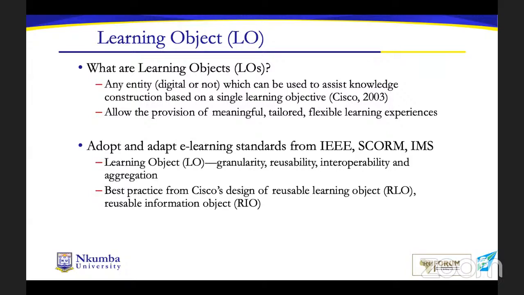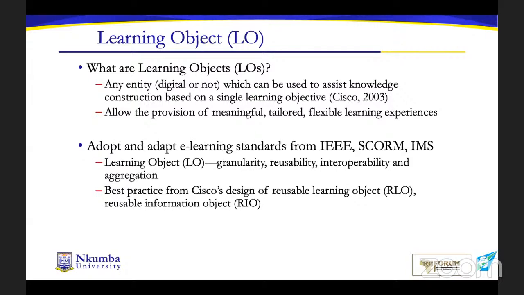But what it should do is provide meaningful, tailored, flexible learning experiences. What is important is that the learning object was taken very seriously by the world and adopted in several e-learning standards out there: the IEEE, SCORM, IMS, and things of that kind. So it's an acceptable standard.